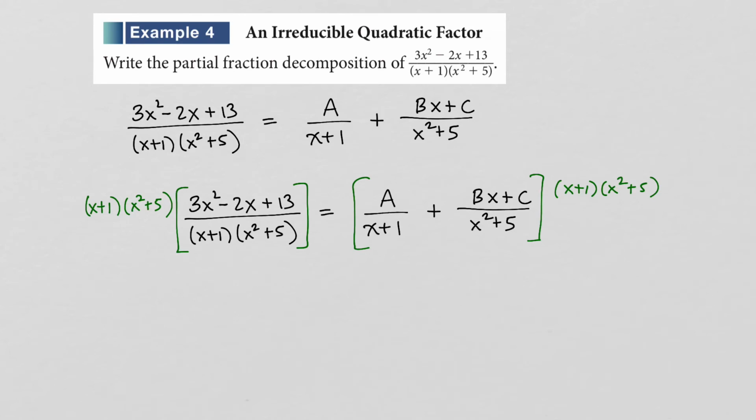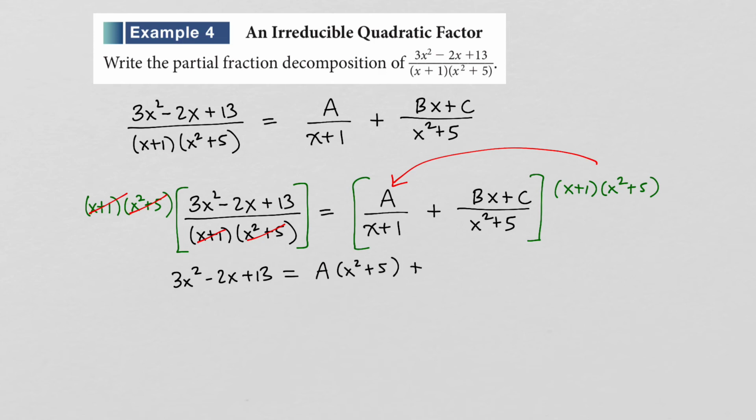So when we do that, on the left-hand side, we get nice cancellation here. So we have 3x squared minus 2x plus 13. And on the right-hand side, when we distribute here, we can see that the x plus 1 cancels out the x plus 1. So we have a times x squared plus 5 left over.